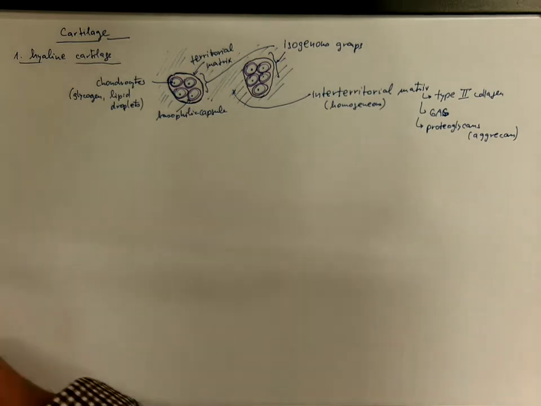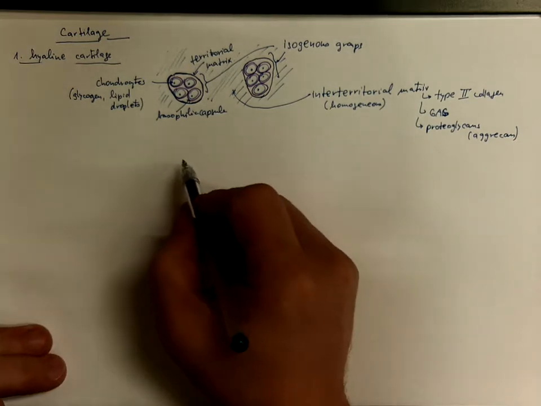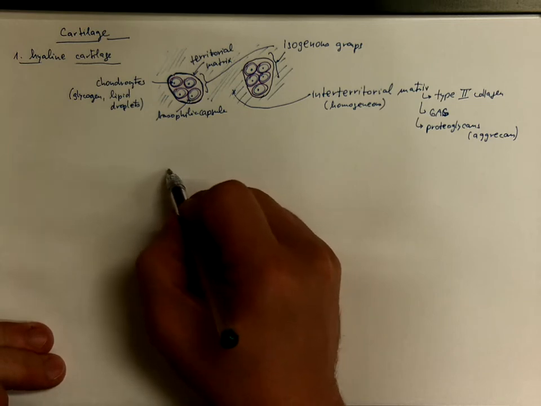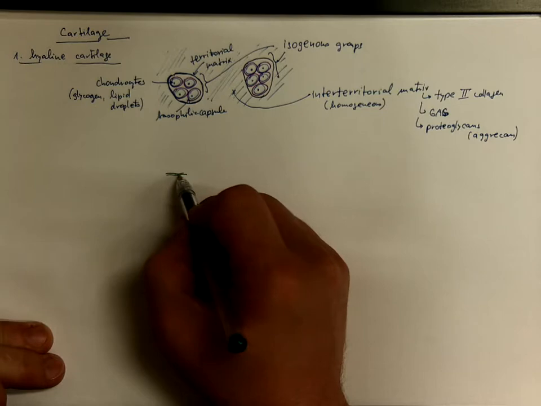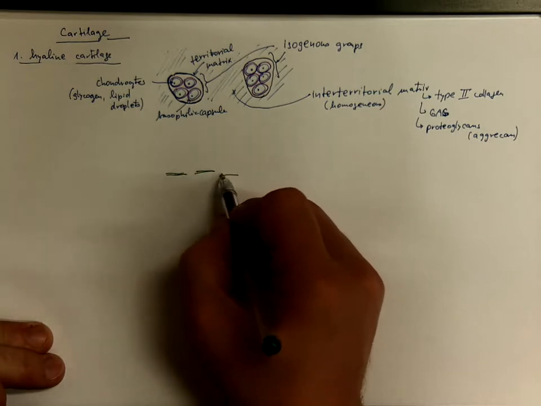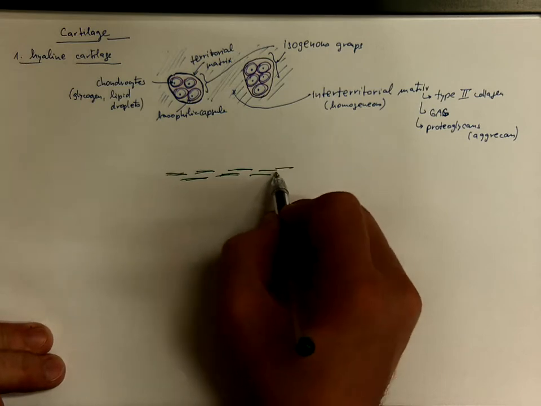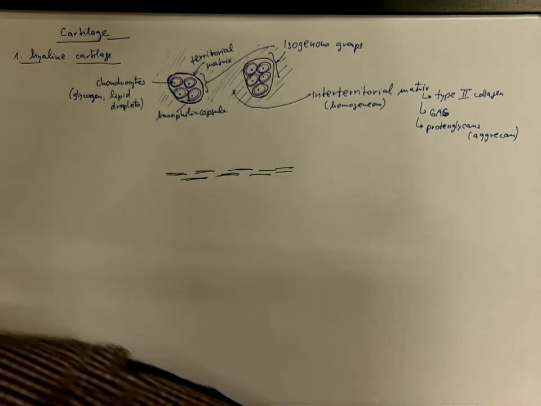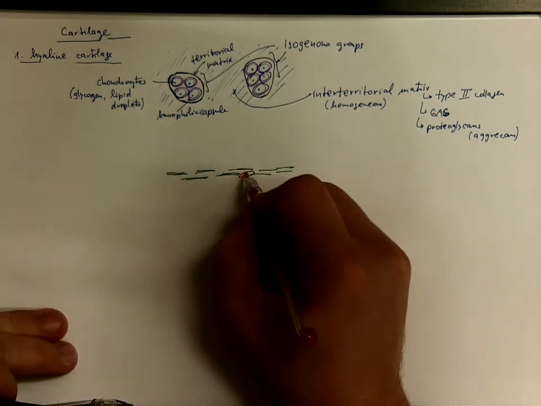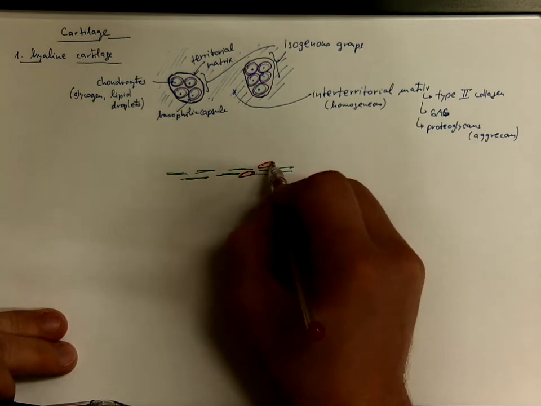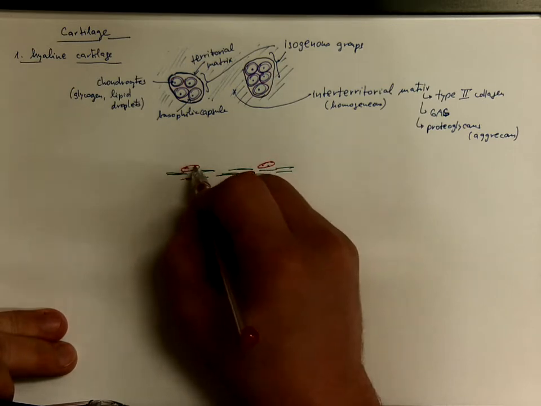The surface of the cartilage is usually covered by a layer called perichondrium. The perichondrium has an outer fibrous layer with type 1 collagen and blood vessels, providing nutrition to the whole cartilage.